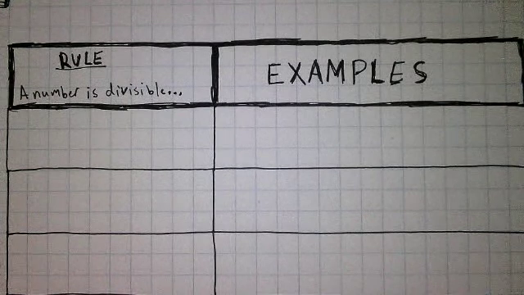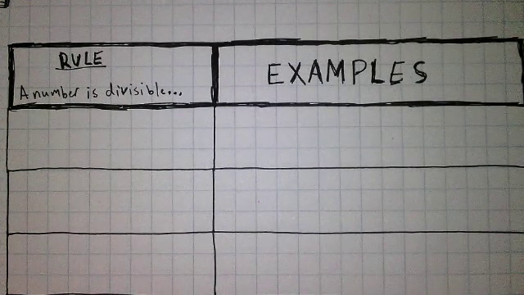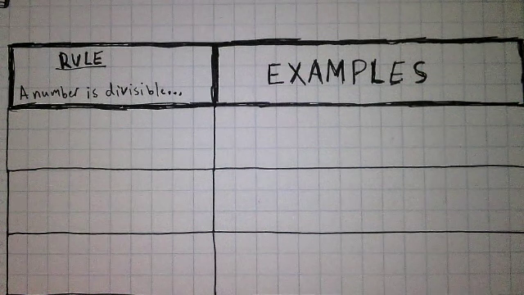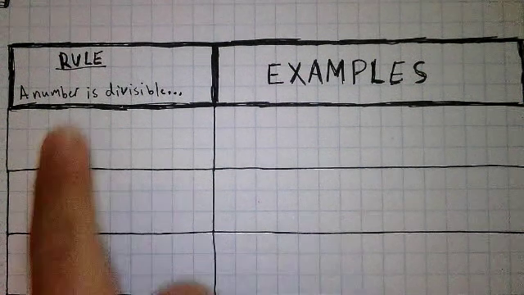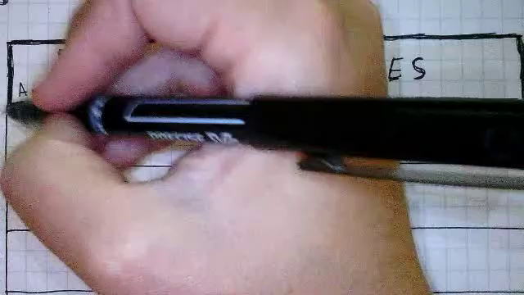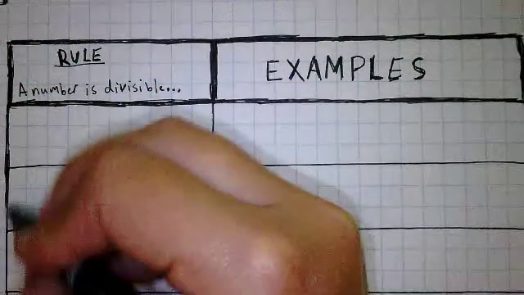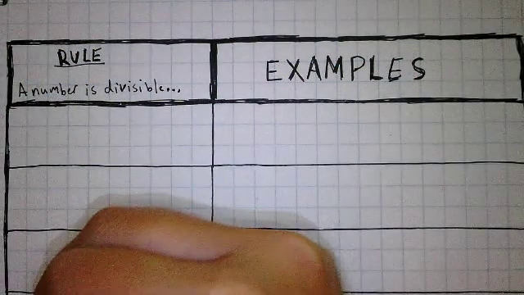Okay, that's the beginning of our sentence. A number is divisible, and each box will finish this sentence a different way. Okay, so every rule starts with a number is divisible, and then whatever else we add. Okay? So I'll give you a second, get this written in, and then we'll start actually writing the rules.